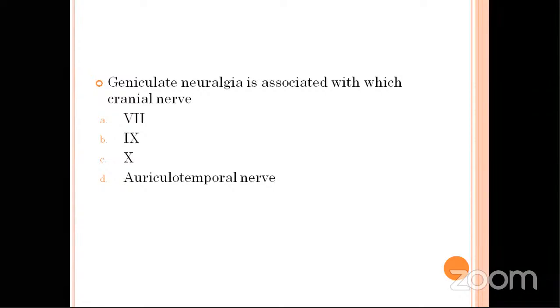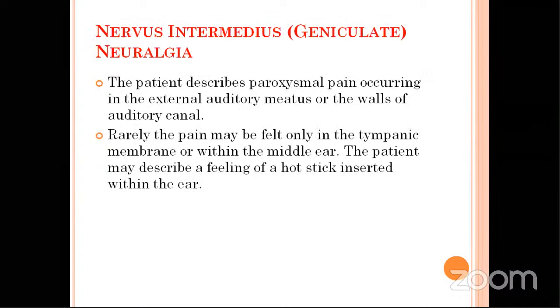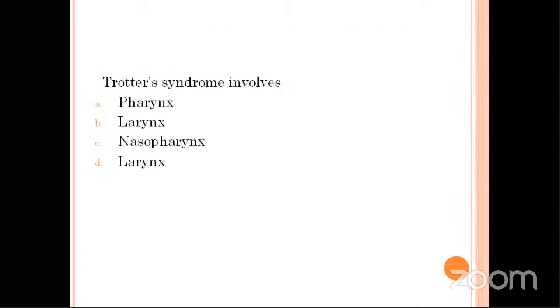Okay. The geniculate neuralgia is associated with which cranial nerve? It's actually the facial nerve, where the patient will have pain in the ear, and the patient will feel like a hot stick inserted into the ear. The other name for geniculate neuralgia is nervus intermedius neuralgia.